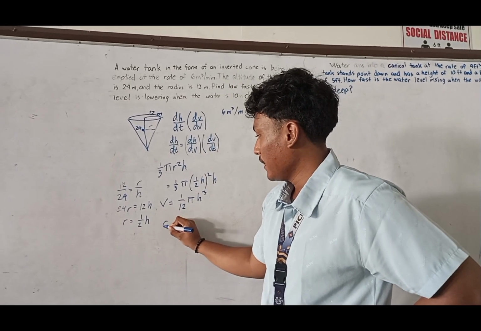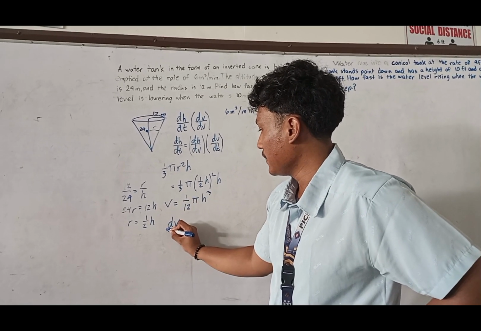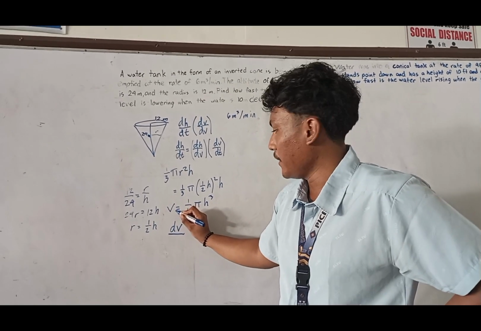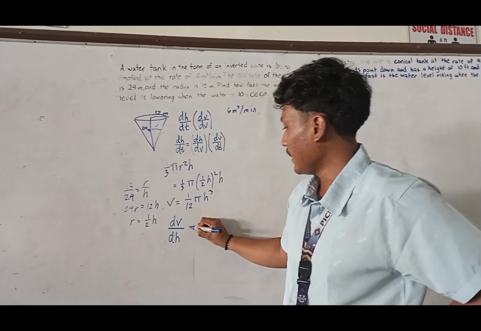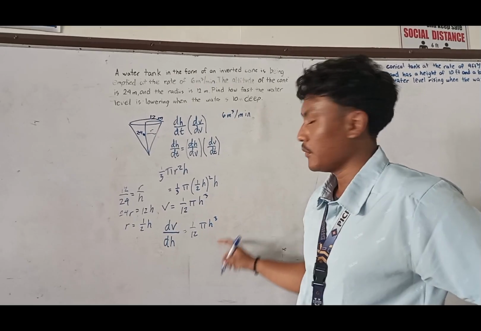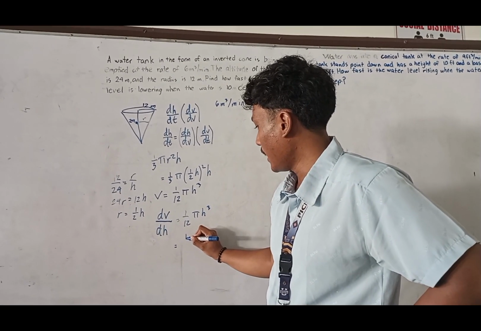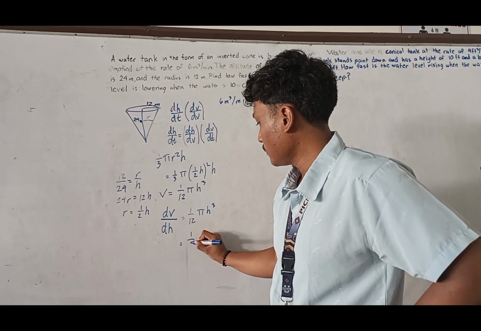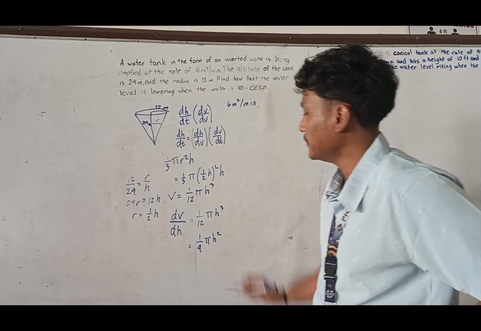So we first have the volume in terms of h. We now derive, and we can get 1/4 pi h squared.